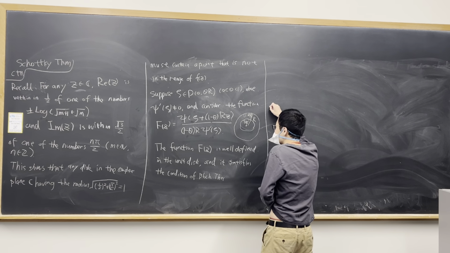Okay, f prime 0. This is gone. And then this is gone. And then, oops, times, sorry. I messed up the chain rule.